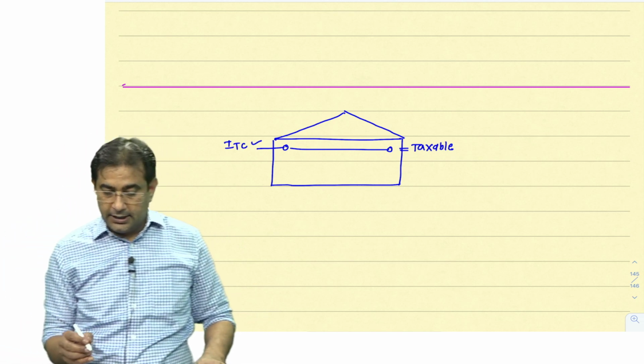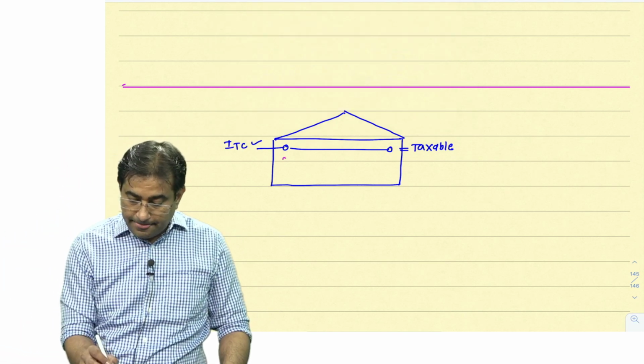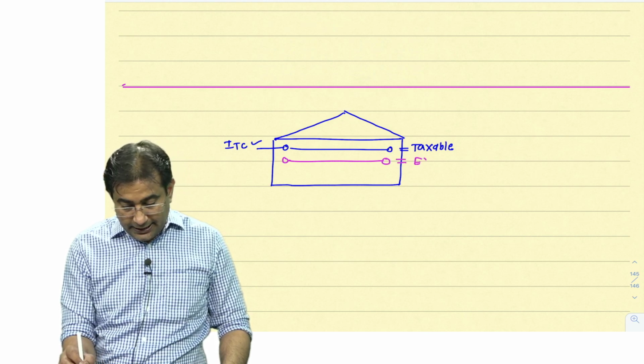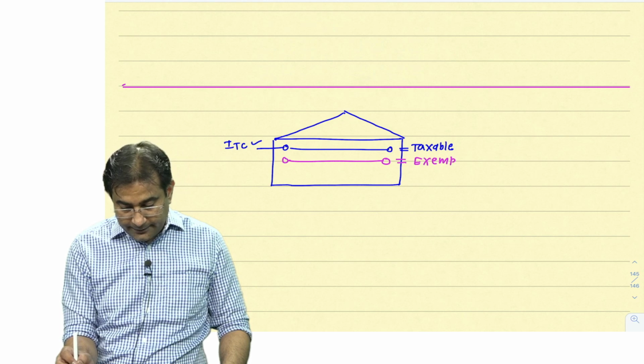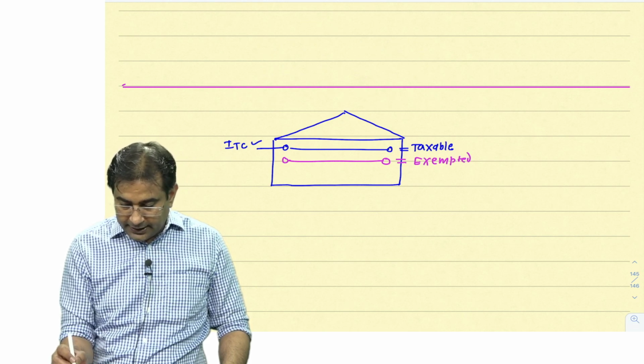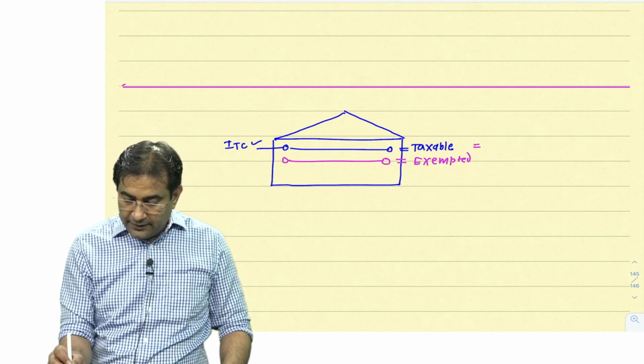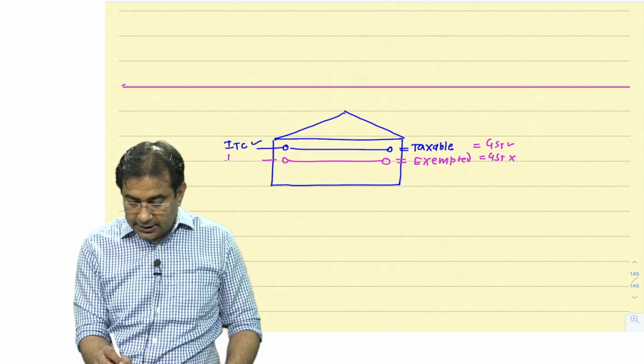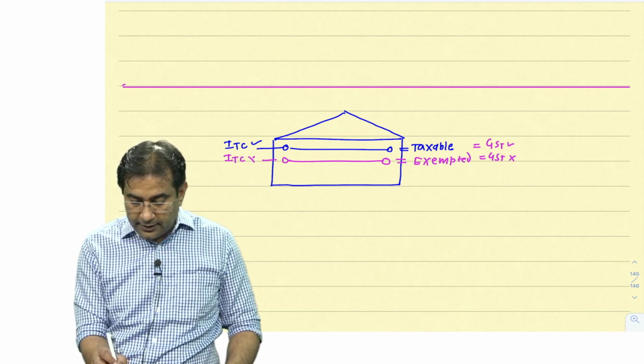Is it okay? Yeah. Even the same person engaged in exempted supply: on taxable supply GST is to be paid, on exempted supply no GST is required to be paid, and ITC thereof would not be available.